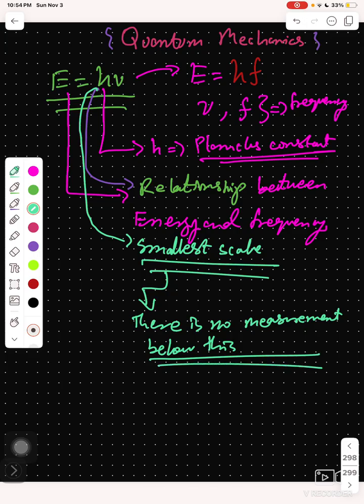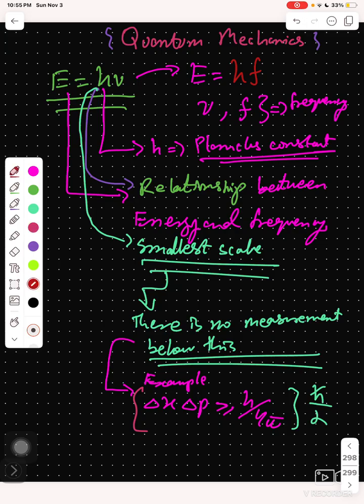Which could also be seen from an example, delta x delta p is greater than or equal to h over 4 pi, which is also known as h bar over 2.